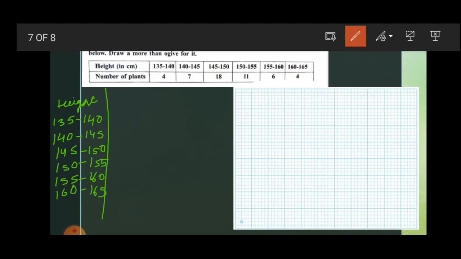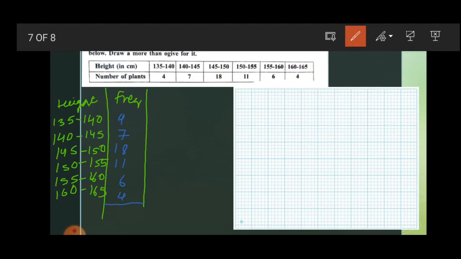And number of plants or frequency is given: 4, 7, 18, 11, 6 and 4.